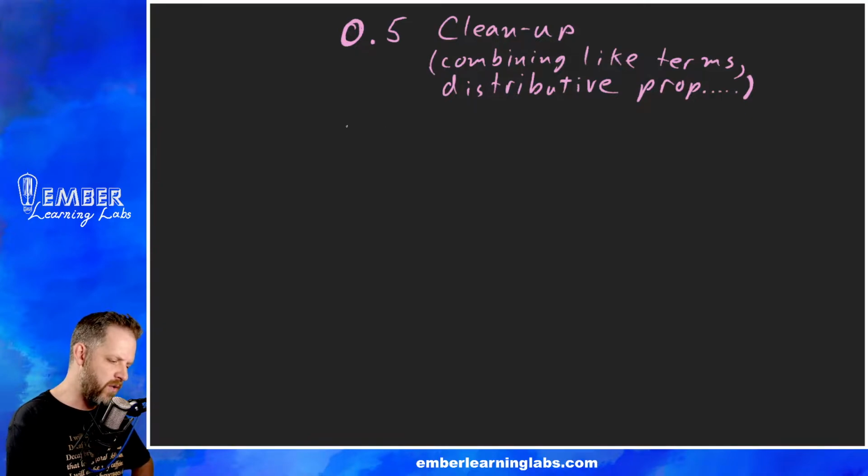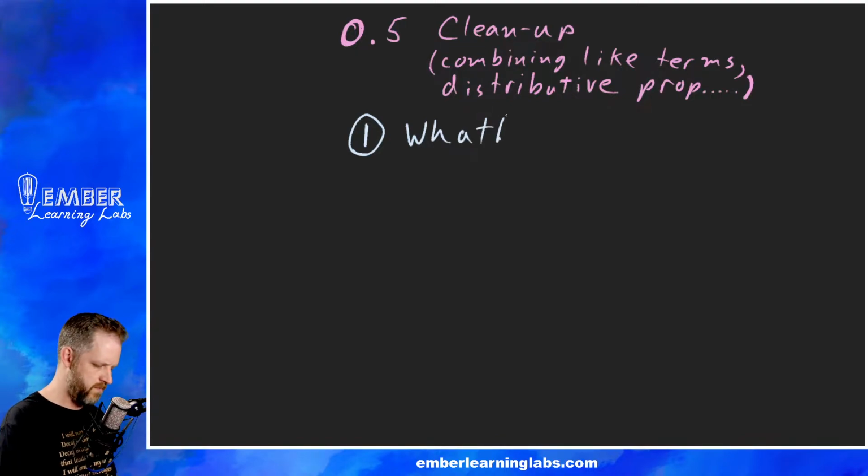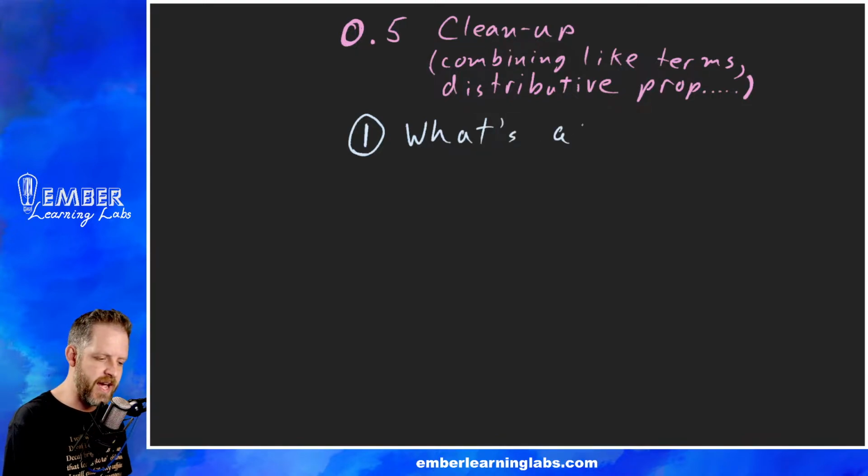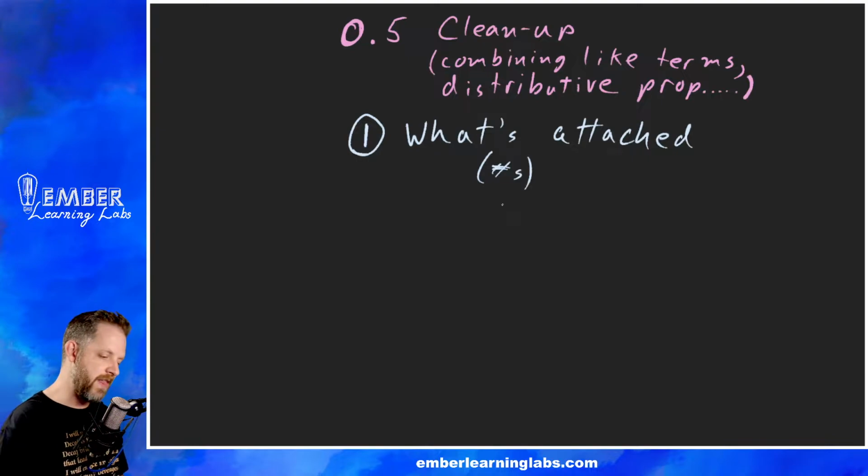Okay, so the first thing we do is we ask a question. We want to look at what's attached to the variables? And we're talking about numbers here. And then we want to ask a second question, and that is, how is it attached?